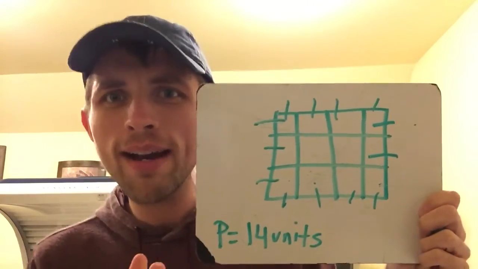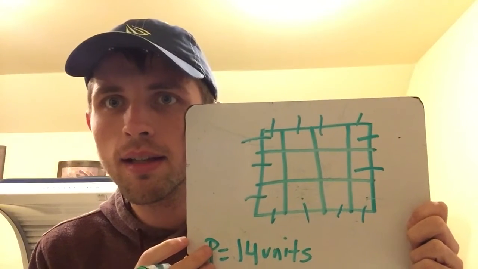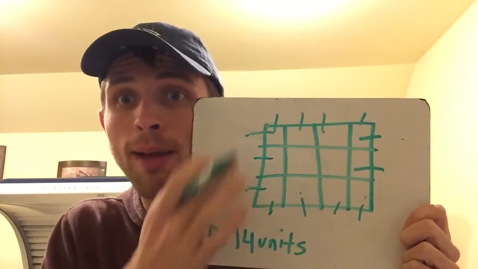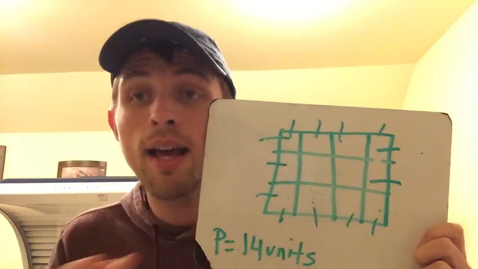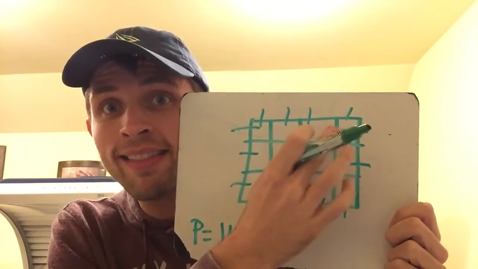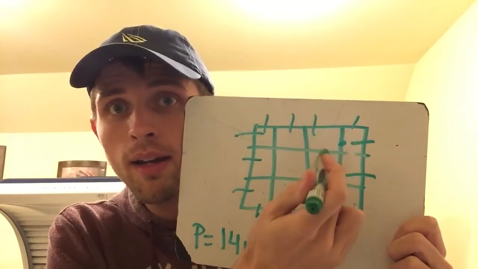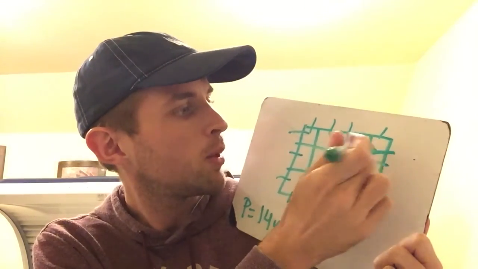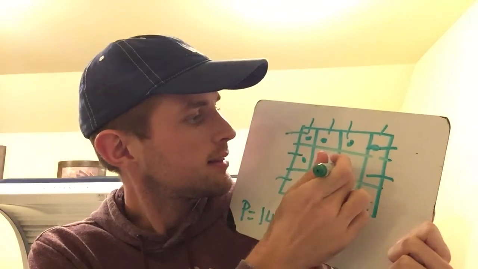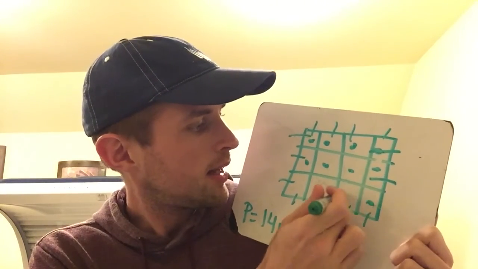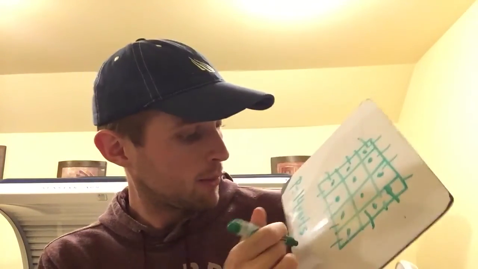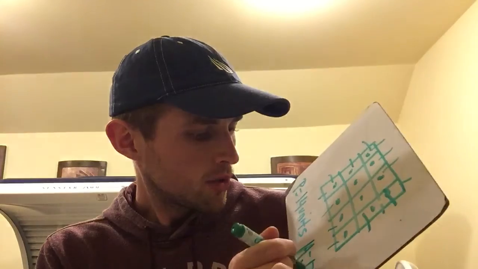And then area, do you remember how to find the area of these tiled figures? You have to count everything on the inside, because remember, perimeter takes place on the outside, so we counted the outside blocks. Area takes place on the inside, so we count everything that's inside the square. 1, 2, 3, 4, 5, 6, 7, 8, 9, 10, 11, 12. So the area of this figure would be what? 12 units.